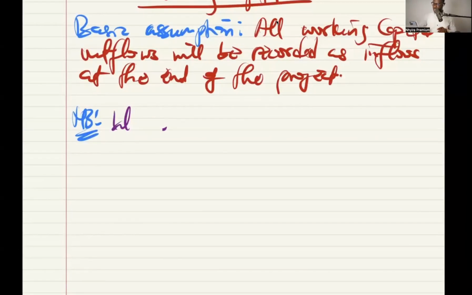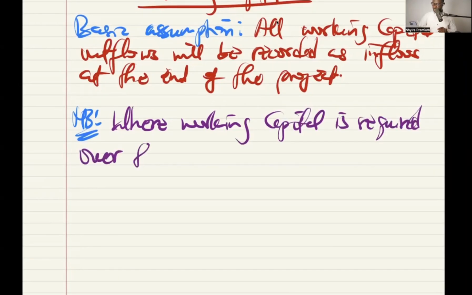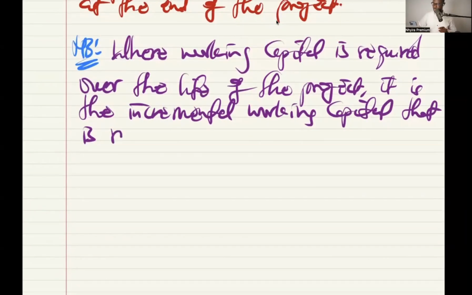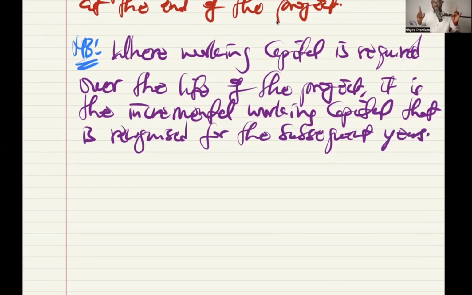Note, where working capital is required over the life of the project, it is the incremental working capital that is recognized for the subsequent years.